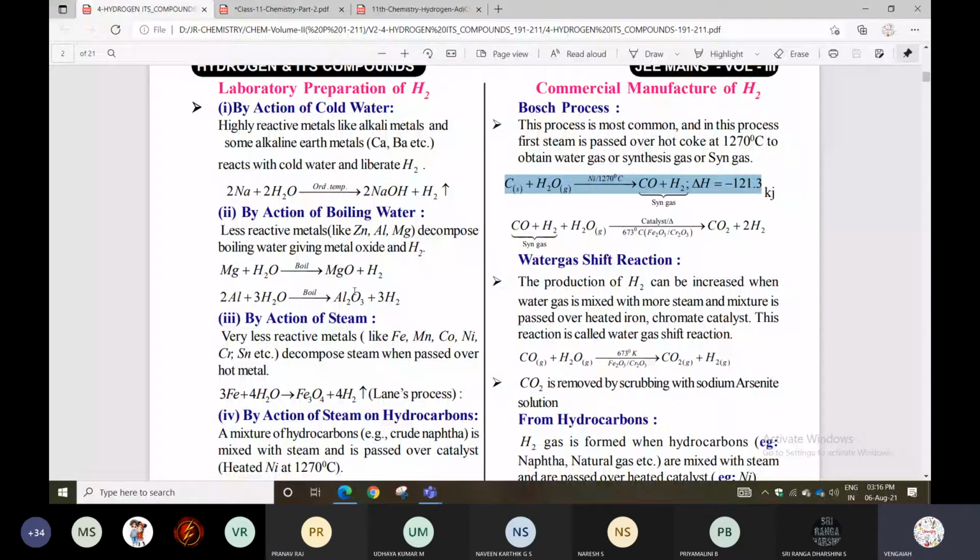You already know the reactivity series of metals, how they are classified as highly reactive, moderate reactive, and low reactive metals. You can check those things once again. Metals will react with cold water, hot water, and water vapors also.